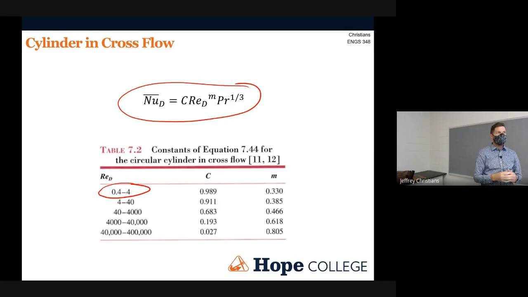It's the same basic idea, but you're trying to make sure your model only works when the flow looks a certain way. Once it looks different, you have to use a different model. So we get models that are tailored for specific subsets of the Reynolds number.